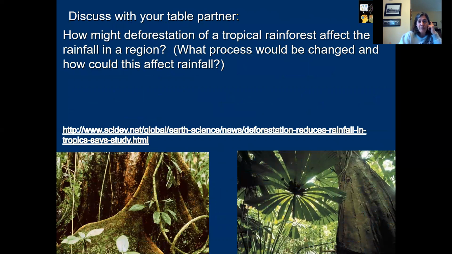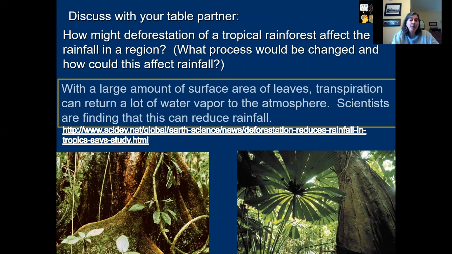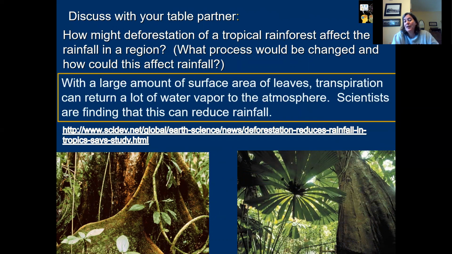As you start to apply the water cycle to different systems on Earth, what would happen if you cut down a rainforest, which we know happens on Earth? How is that going to change the rainfall in a region? And you might be like, well, should cutting down trees affect the rainfall? And the answer is yes, it will. Transpiration is actually a pretty significant process.